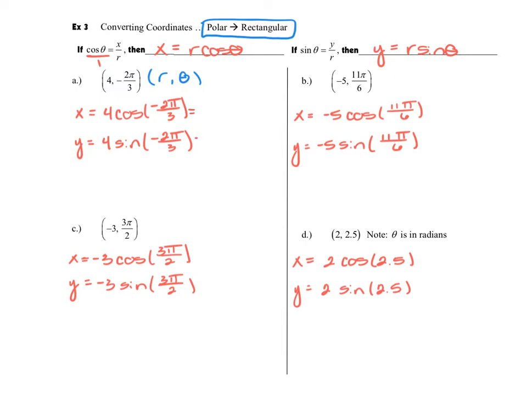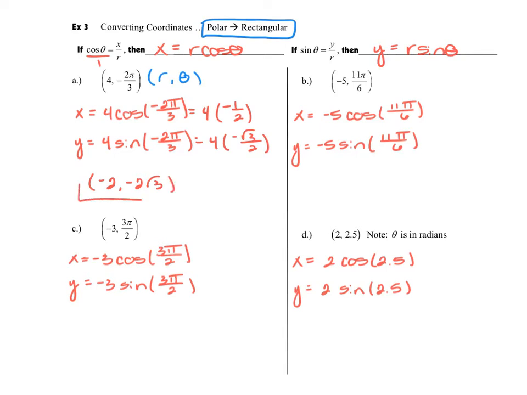From our unit circle days, we can easily calculate that as 4 times a negative 1/2, and then also 4 times a negative radical 3 over 2. If we clean those up, we get a nice negative 2 and then negative 2 radical 3.